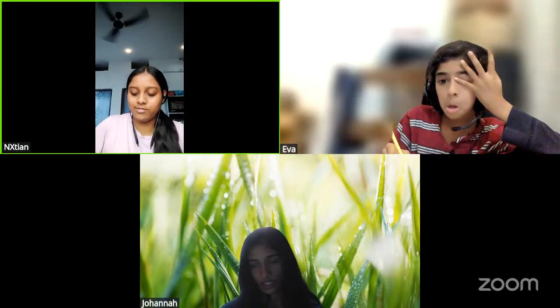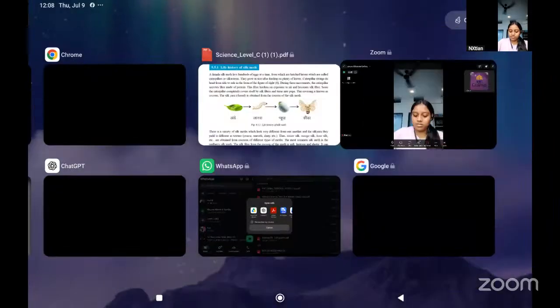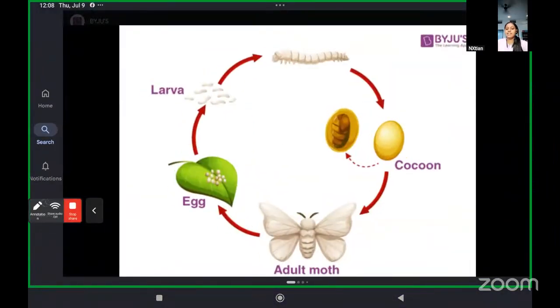This is the life cycle of a silk moth. It starts as eggs, which hatch into larva, singular, and the plural form is larvae. Then it turns into a caterpillar. The larva grows a little bit and becomes a caterpillar.